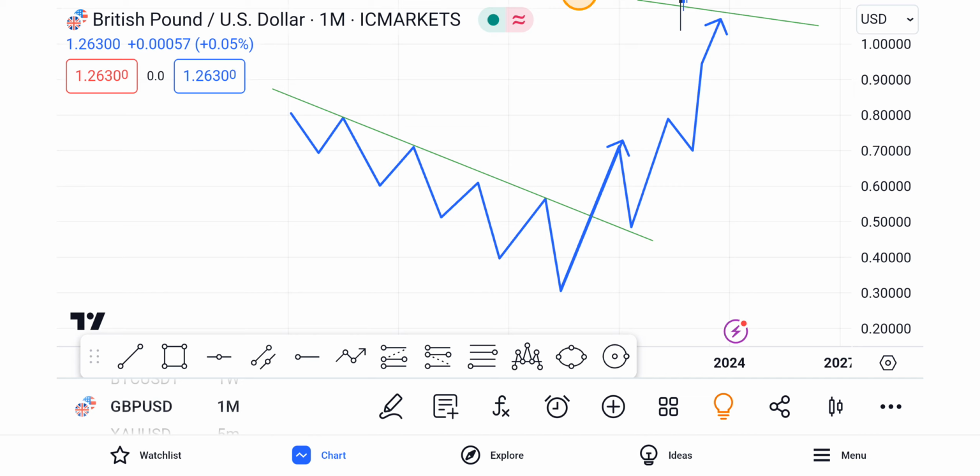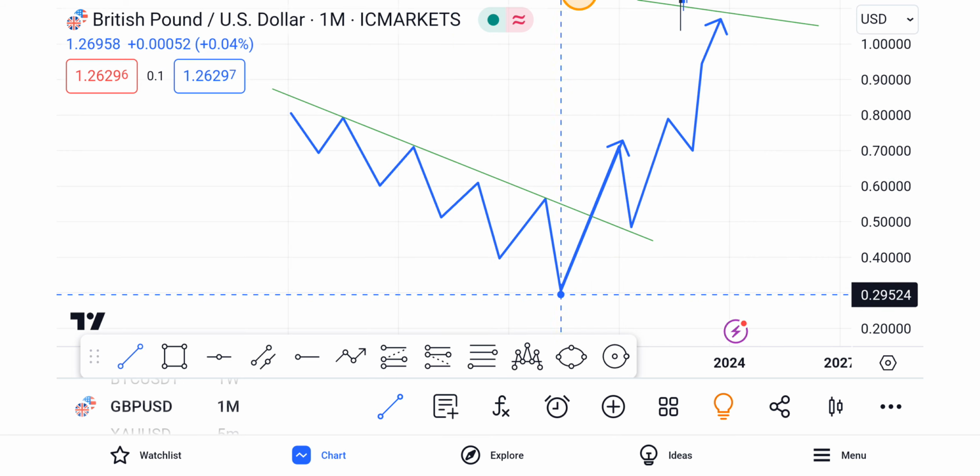So now we have a scenario where the market has shifted from a downtrend to an uptrend, creating higher highs and higher lows. So we can now create a different trend line from here. Now we are looking at the second scenario, when price is trending to the upside.